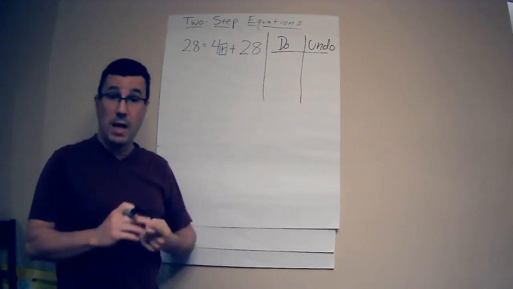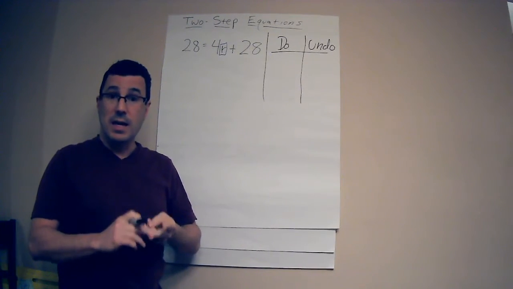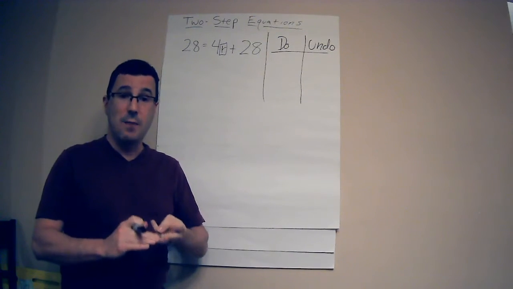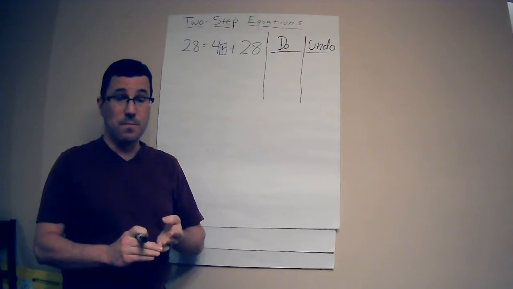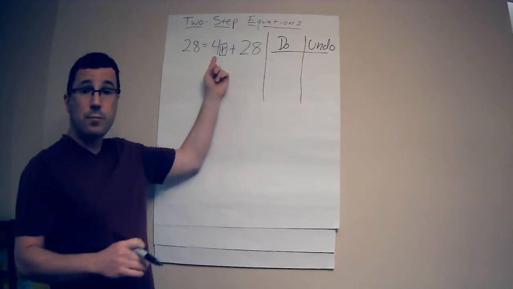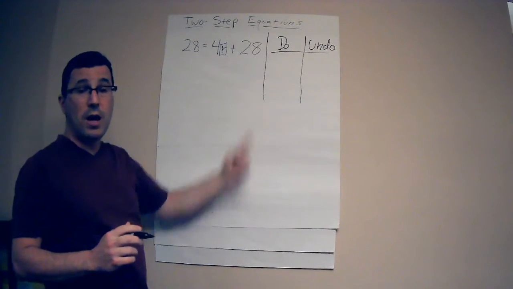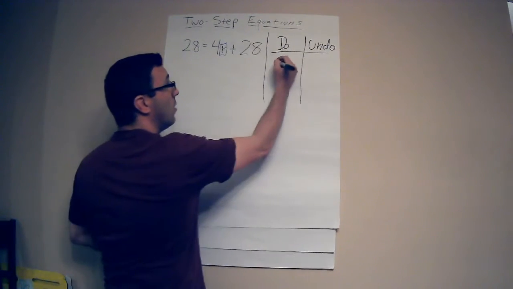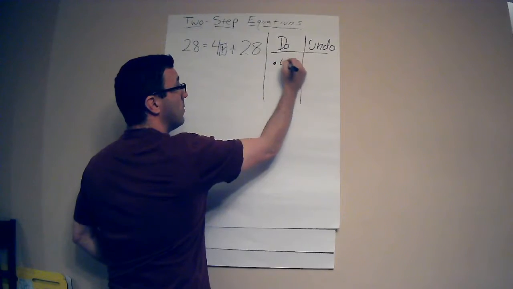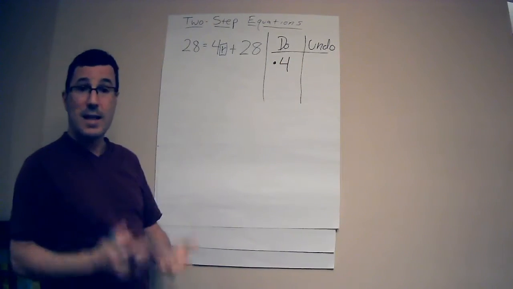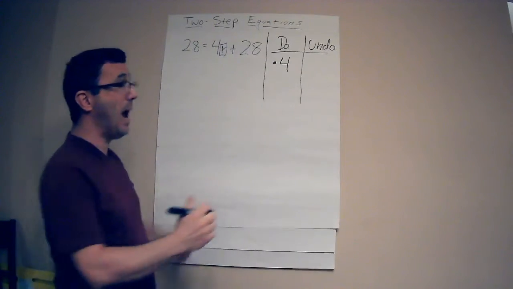Parentheses: we don't have any. E is exponents: we don't have any. Then we get to M and D, multiplication and division. This r, our variable, is being multiplied by 4. So I'm going to go times 4. And then the next thing that's done is we're adding 28.